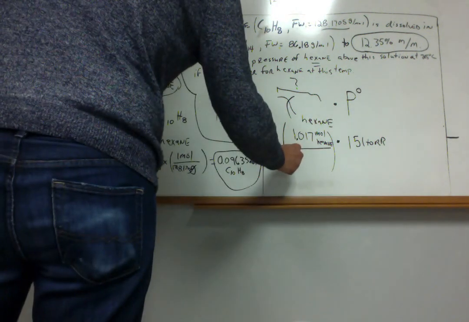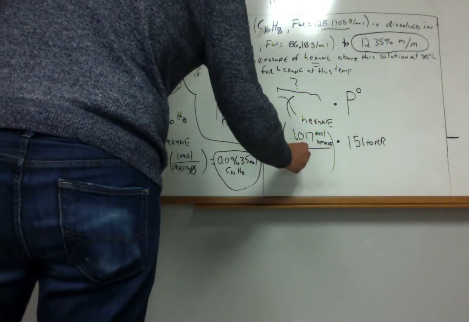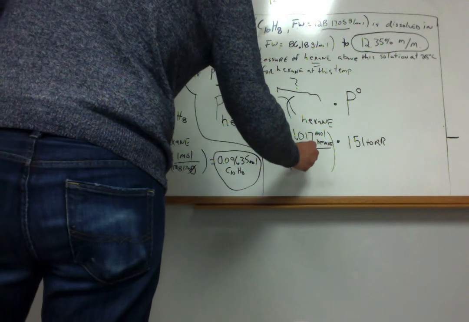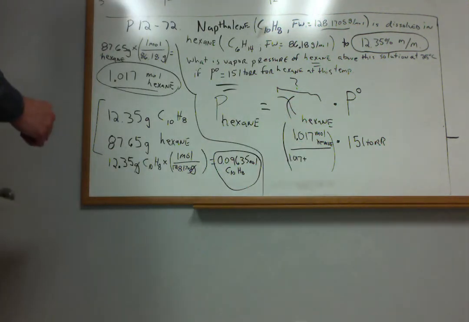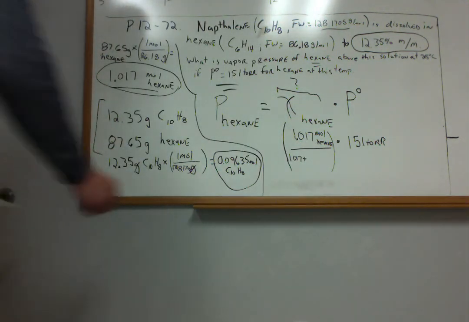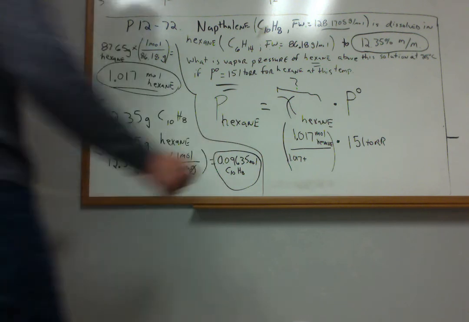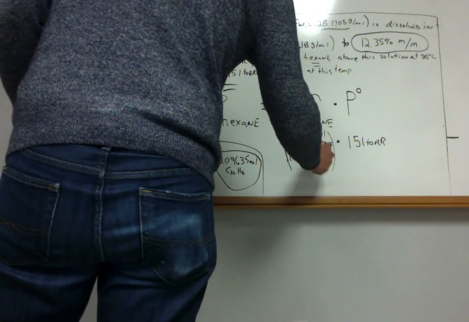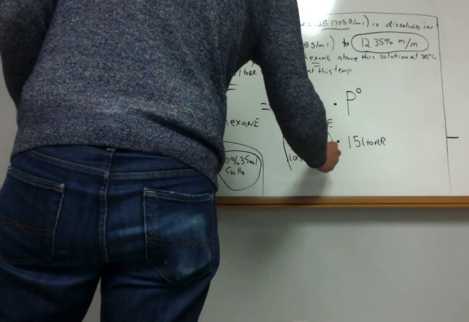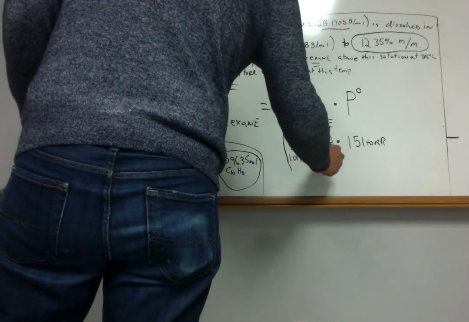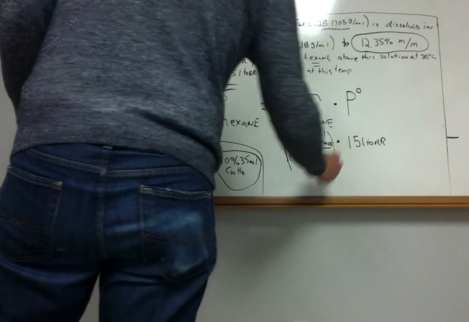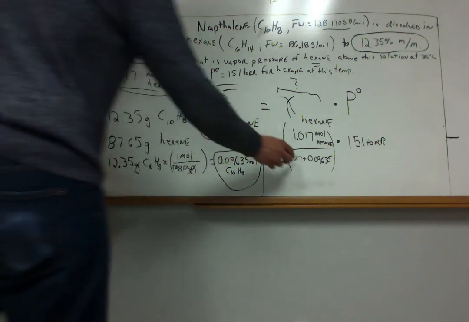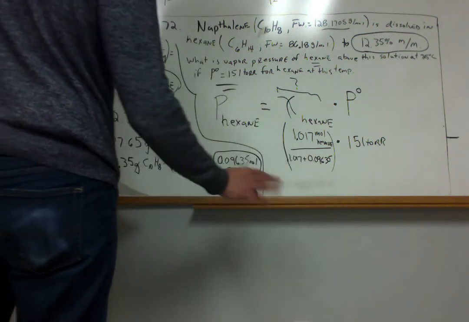So I still need to write that number down here in the denominator, because that's the mole of the one component, but I've also got a secondary component, and that's, of course, my naphthalene here. So 0.09635 moles of that material, okay? I dropped my mole units here, so don't lose sight of that.